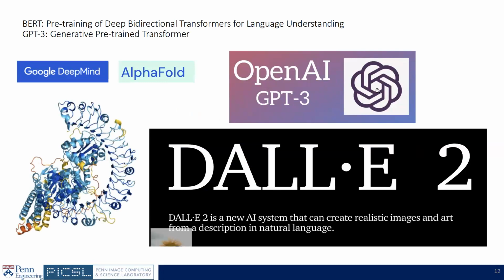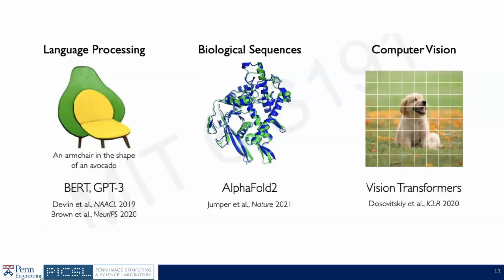These networks have transformers as a backbone architecture, right? And pretty much every architecture that people use these days has a variant of transformers within it. Some other examples: transformers are used in language processing, BERT and GPT-3, for biological sequences, AlphaFold, and also in computer vision in the form of vision transformers, right?